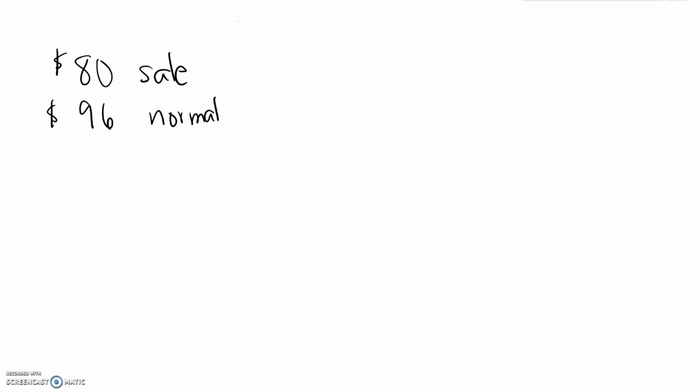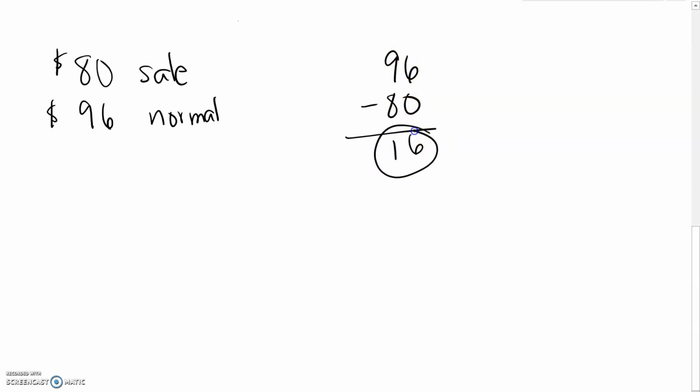So I'm going to take the larger number, which is 96, and subtract the smaller number. So 96 minus 80, 6 minus 0 is 6, 9 minus 8 is 1, 16. So the $16 is the price increase.